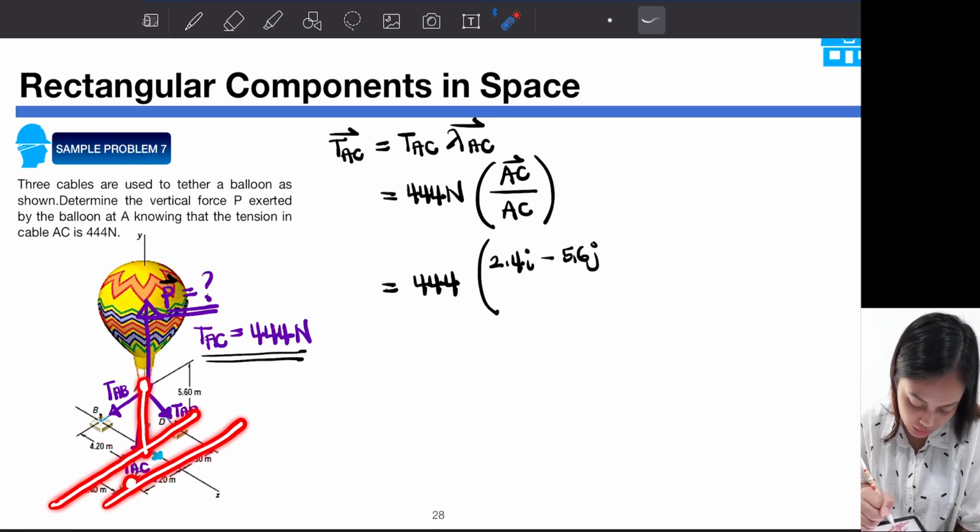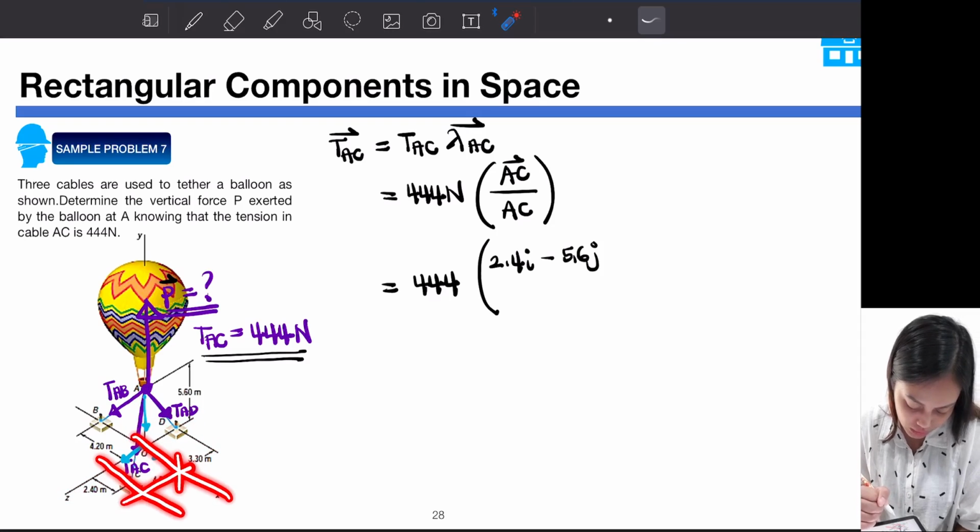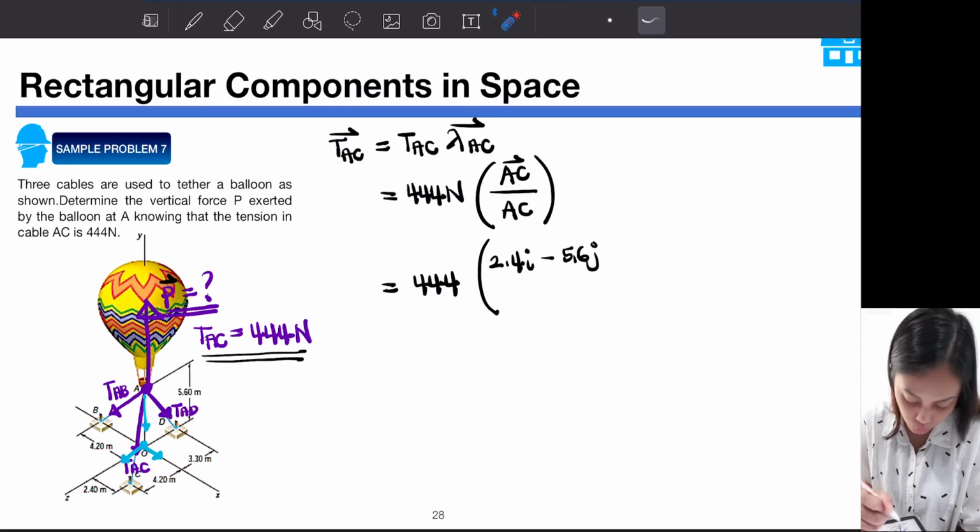Along z-axis is kani siya ang distance, which is 4.2.